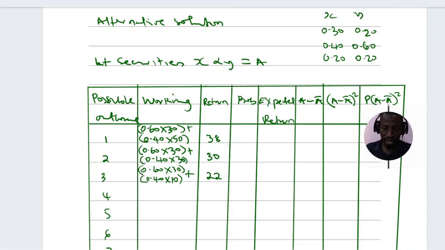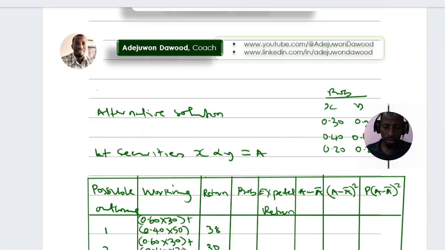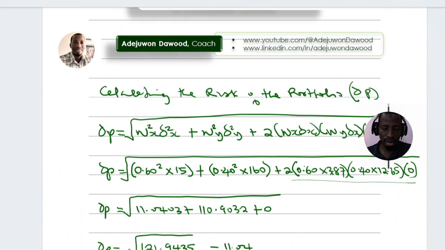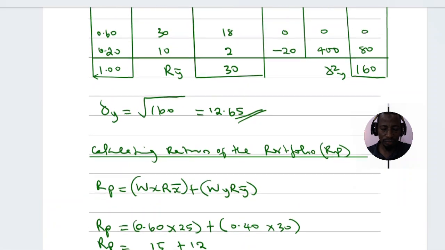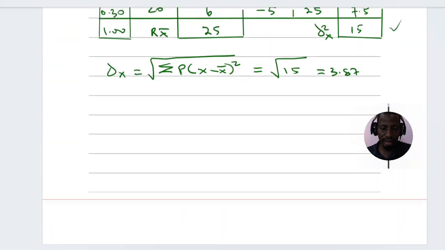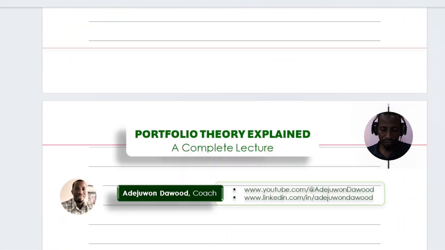So let's move to the next one. We kept the first return of 30 constant all throughout, but we vary the return of security Y. Now, going back to the question, the second return for security X is 25.